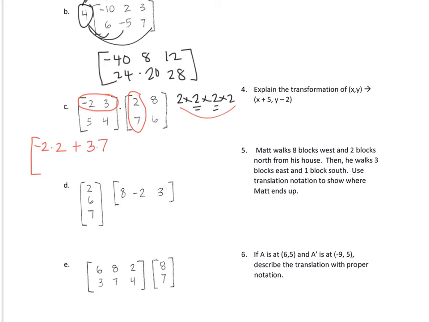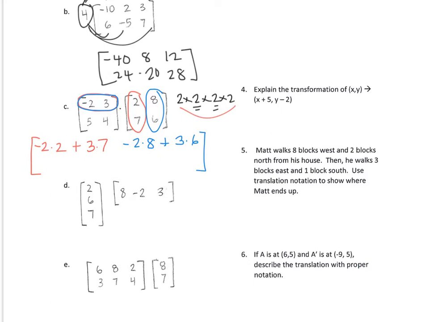The second element, you're going to multiply -2 times the second column. So it's going to be -2 times 8. Or I think I said 3, but -2 times 8 plus 3 times 6. I'm going to switch color.